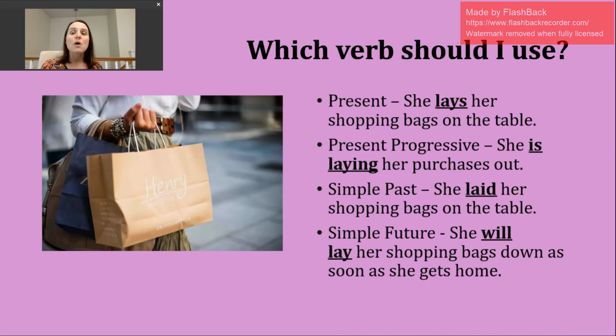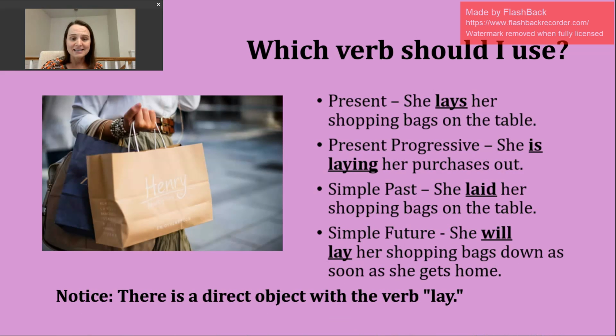Okay. Now, with all of these sentences, there is a direct object with the verb lay. So in the present, past, and future, simple present, simple past, simple future, it's shopping bags, right? That is the direct object in this sentence. That's what's receiving the action.